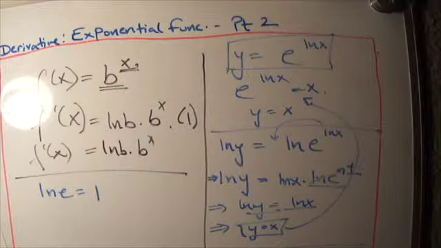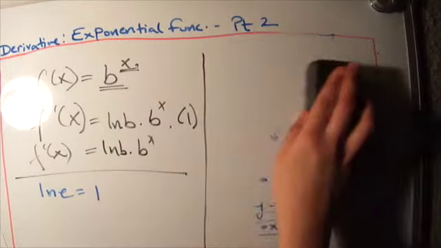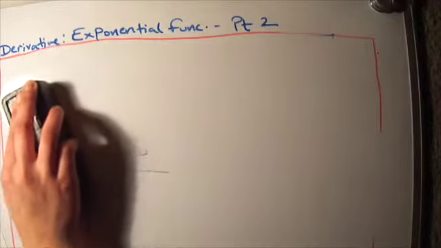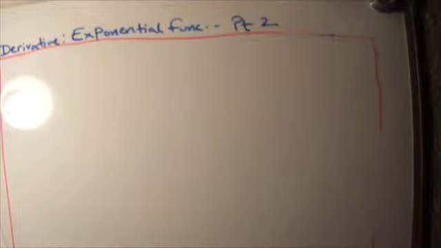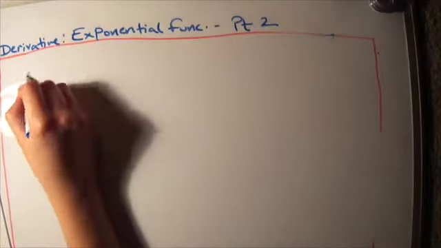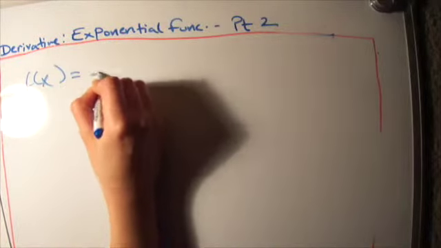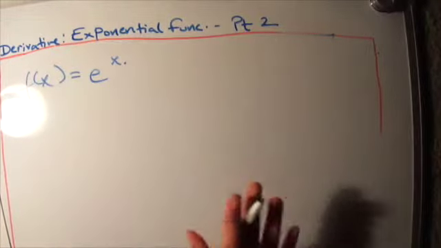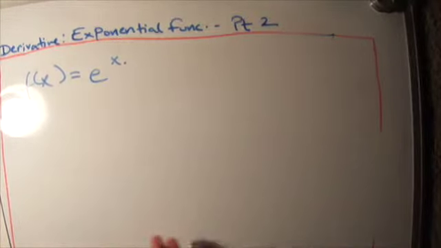Now we'll move on to some really simple questions, and we'll build up the difficulty level as we move on. The first question that I will be taking, I just have my sheet for all the questions, is f of x equals e to the x. Now we're finding the derivative of every function that I'll be writing.